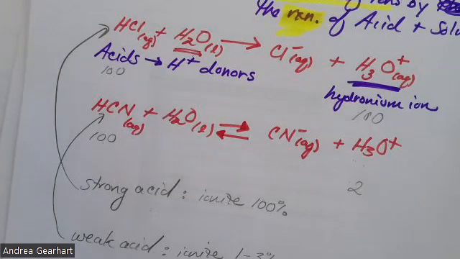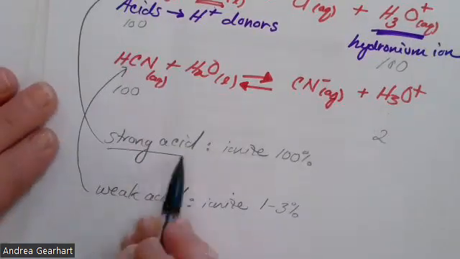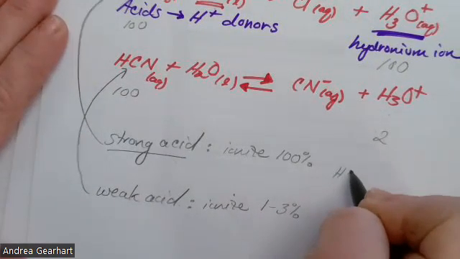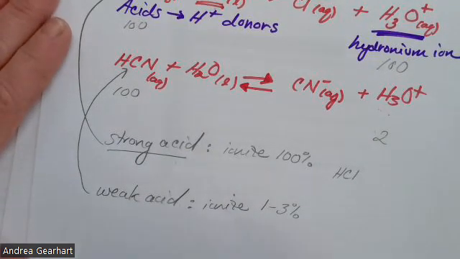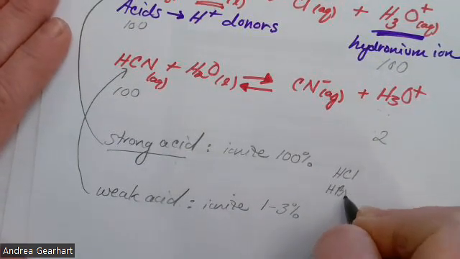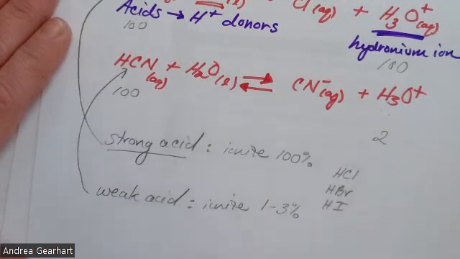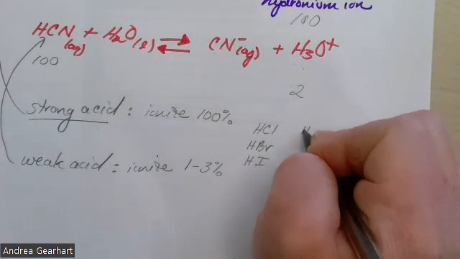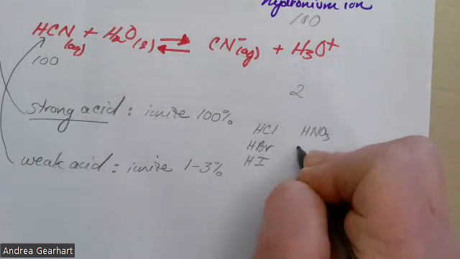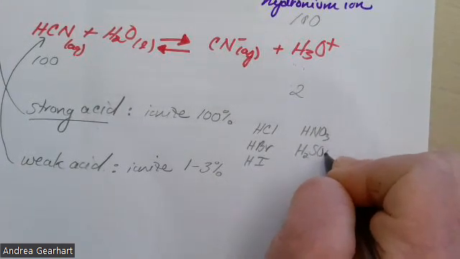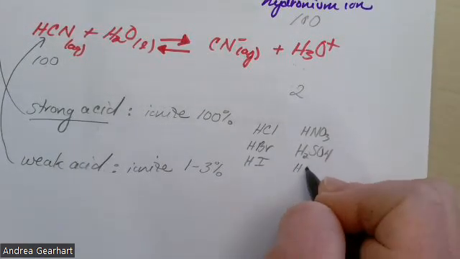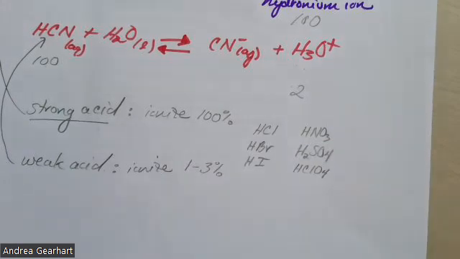Can we just write down the strong acids? There's only 6. HCl is one of them. HBr, hydrobromic, hydroiodic, nitric acid, sulfuric acid, and then perchloric acid.